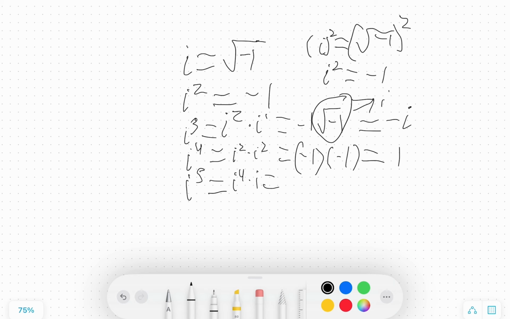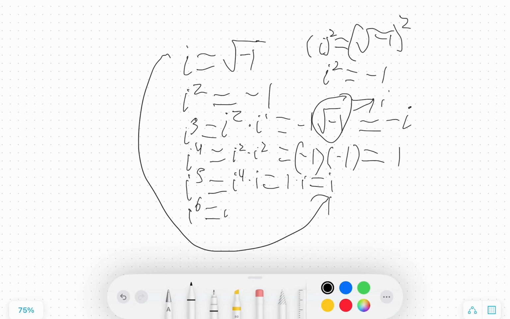This equals 1 times i, which is i. We've ended up in a loop. So i to the fifth equals i. If I keep going, i to the sixth equals i to the fourth times i squared. This equals -1. So we're ending up in a loop.